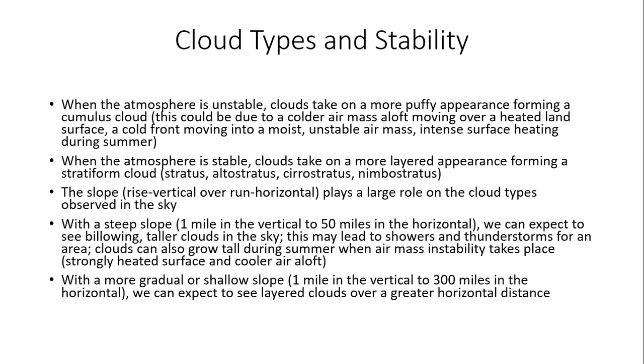Now, with a more gradual or shallow slope, an example of that would be 1 mile in the vertical for every 300 miles in the horizontal, we can expect to see layered clouds over a great horizontal distance. This kind of gradual or shallow slope typically occurs with warm fronts during the winter season especially.